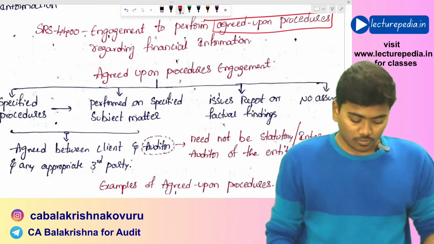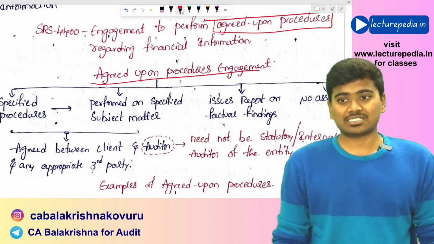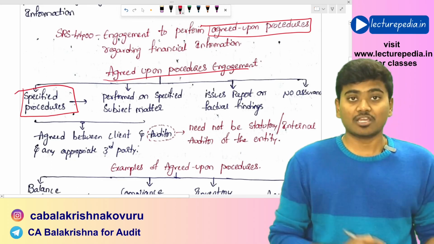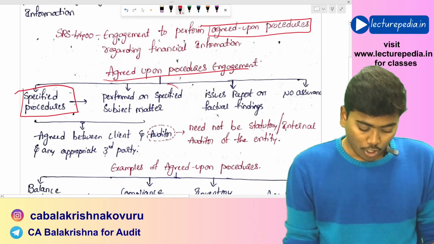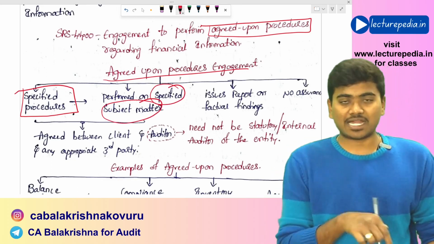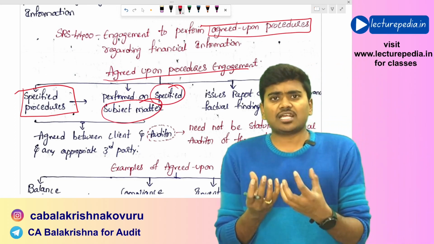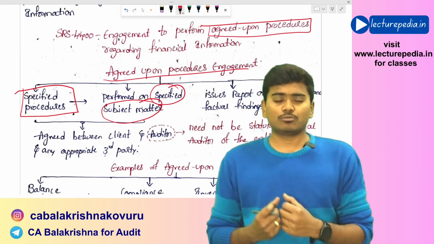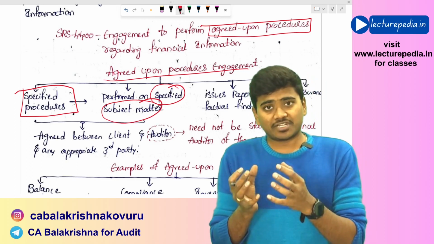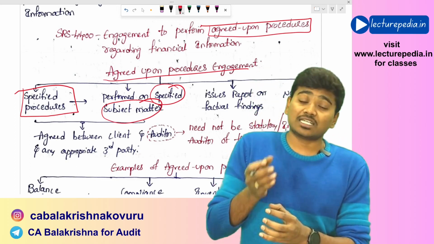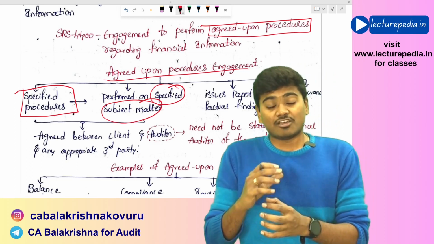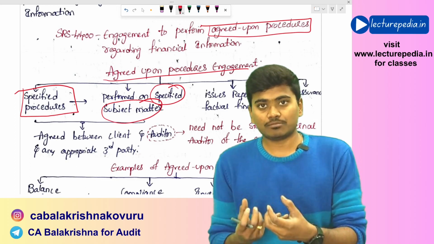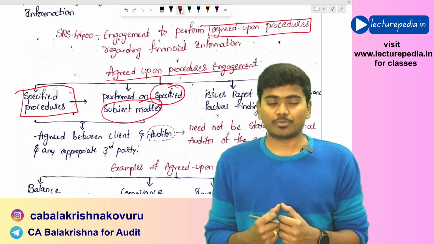So in these agreed upon procedures engagements, specified procedures will be performed on a specified subject matter. Subject matter means a certain financial item like inventory or trade payables. On a specified financial matter, certain specific procedures will be performed. Who will decide which procedure has to be performed on which item?